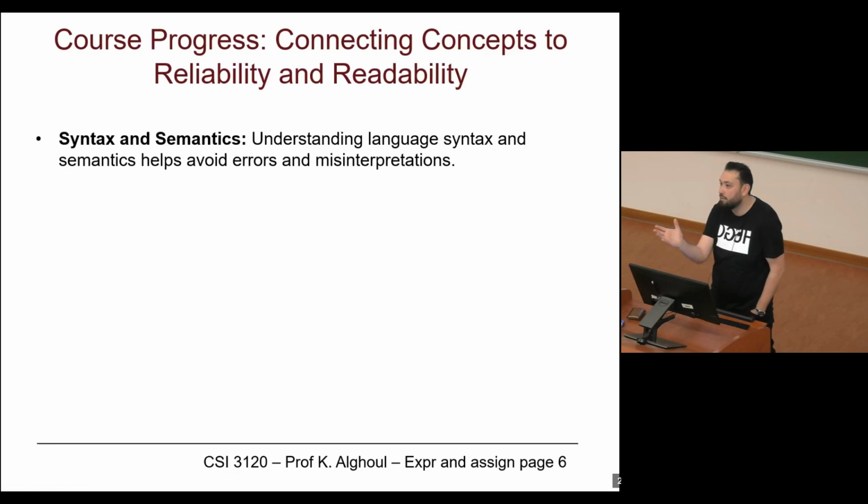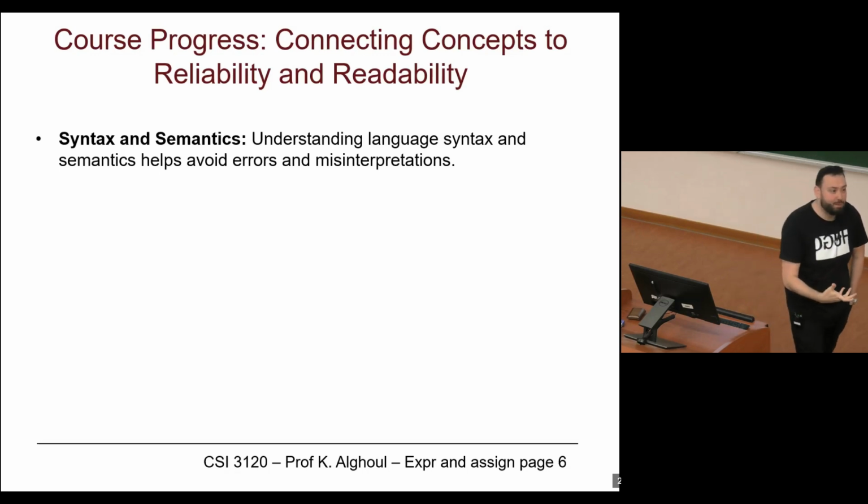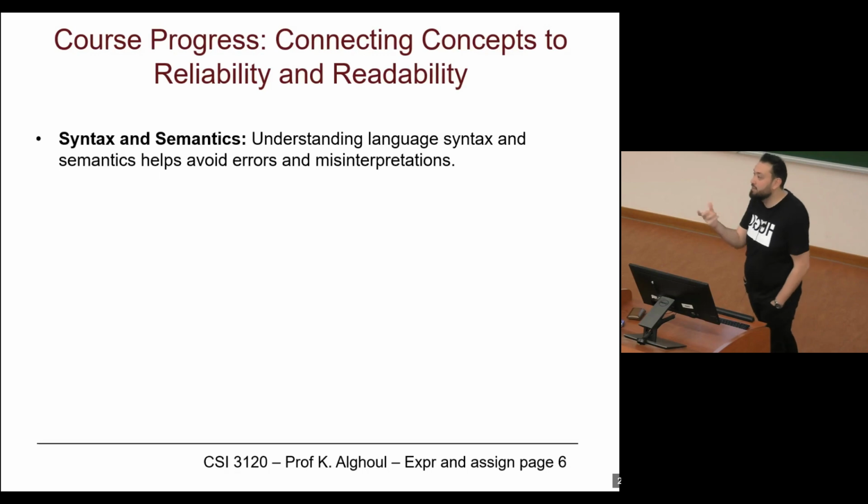How? A very clear example that we've worked on a lot, and in the midterm, we've used it. So if I'm giving you a syntax, a grammar, what did you learn in these couple of chapters to be able to avoid misinterpretation?